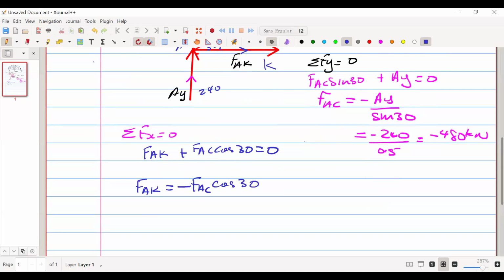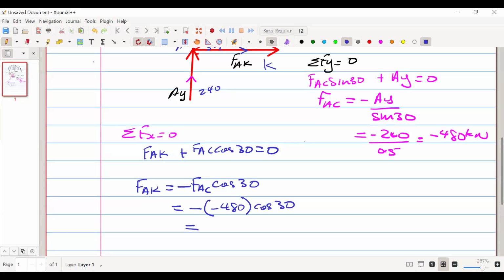And now I found FAC before, which was minus, bracket, minus 480 cos 30. And now whatever that value works out to be, that's the force. And you continue using that right across to find the rest. Let me see what that value is.